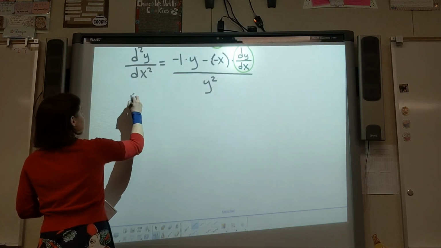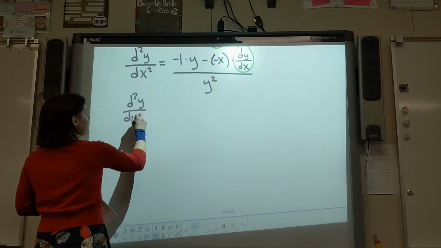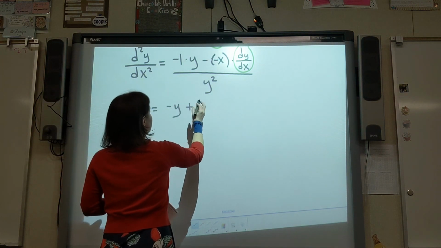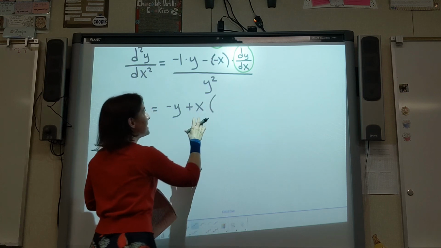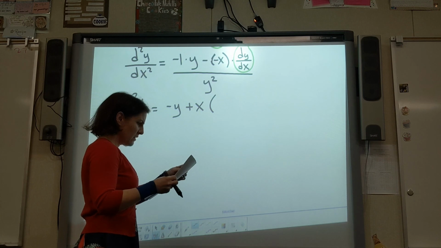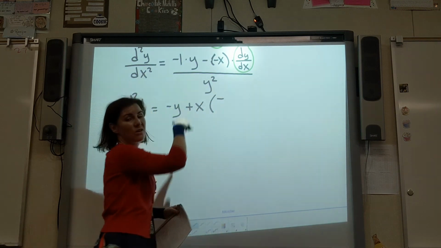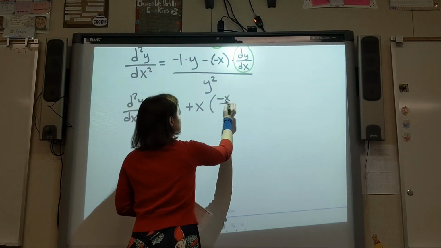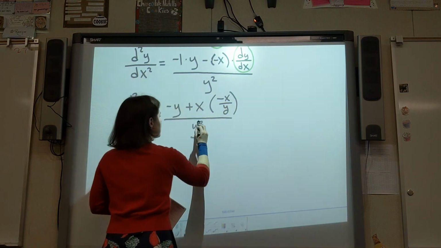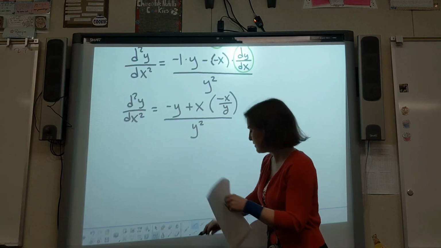So the second derivative of y with respect to x both times is negative y plus x times dy/dx. And dy/dx, oh my gosh, what was it? Let me look at my paper over here. Negative x over y. See? It was scrolled up. Here you go. All over y squared.